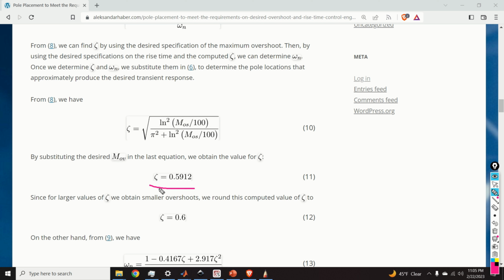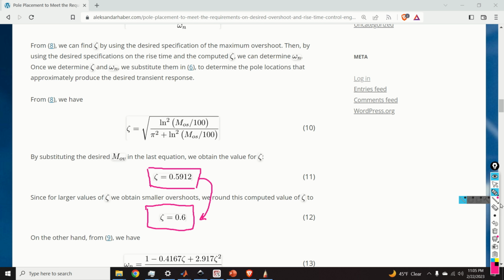Now, I want to round this value of zeta. So how to round it? It's a good idea to round it to a larger number, since larger zeta gives a more stable system, that is, increases damping. So by rounding this number to 0.6, I obtain the final value of zeta.